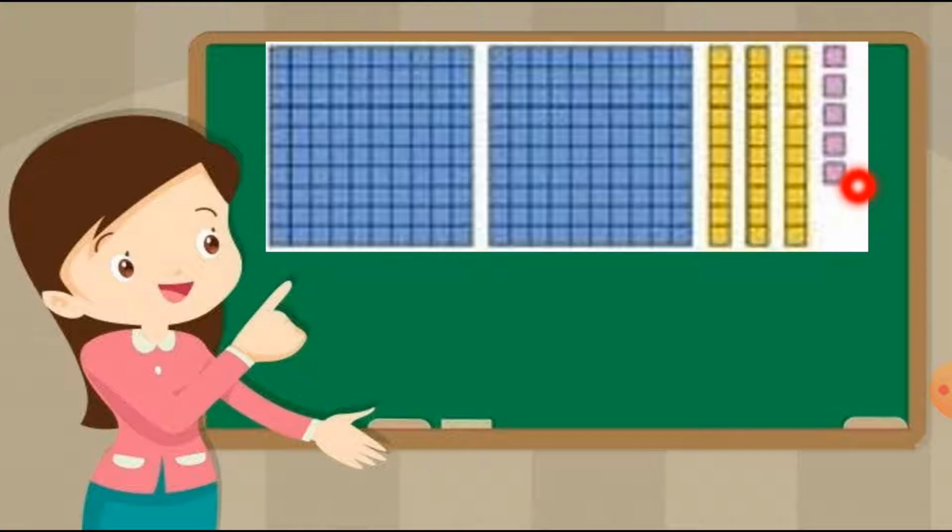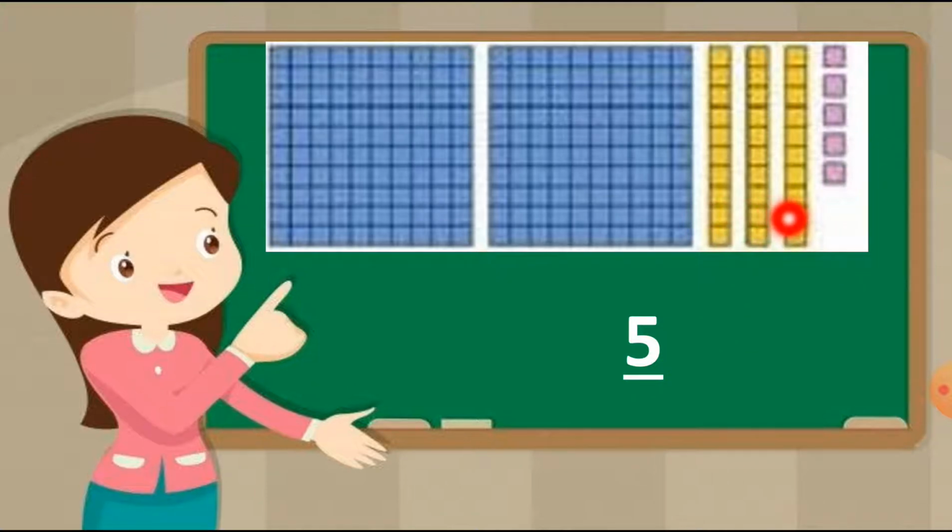Students, which value will come at the ones column? Let's count again: 1, 2, 3, 4 and 5. The ones value is 5, so we write 5 in the ones column.